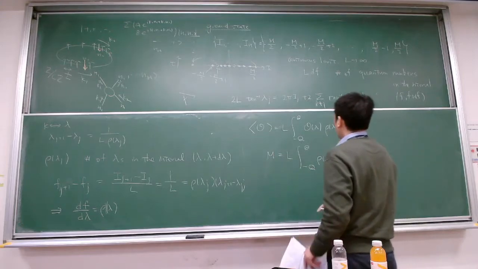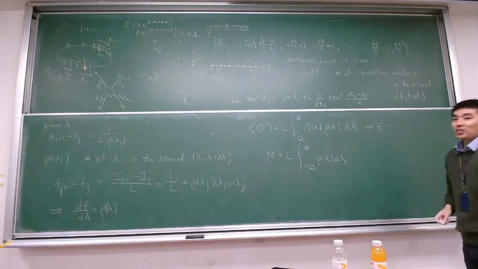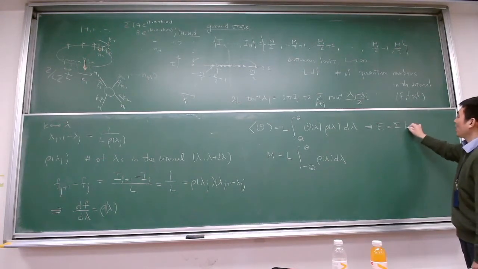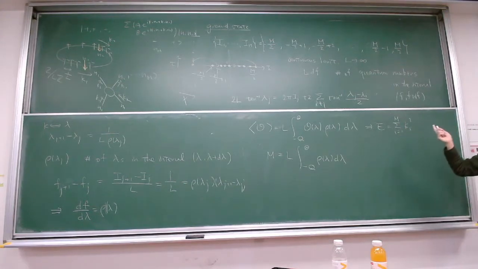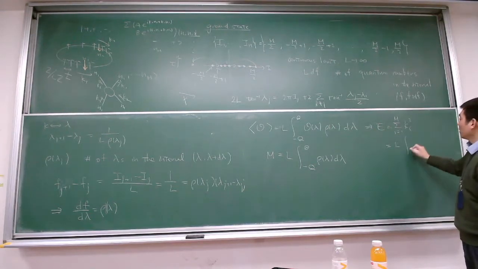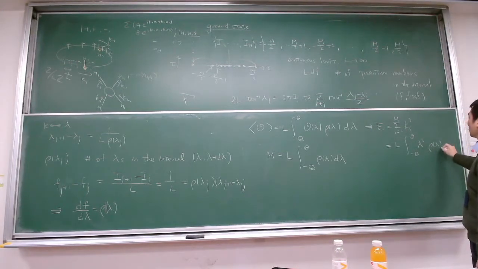And for instance, if you want to find the energy, in discrete space it is the sum of k_i squared, i equal to 1 to n. That's what we already know from discrete space. But if you want to take the continuous limit, we just take L times the integral from minus q to q of lambda squared rho(lambda) d lambda.